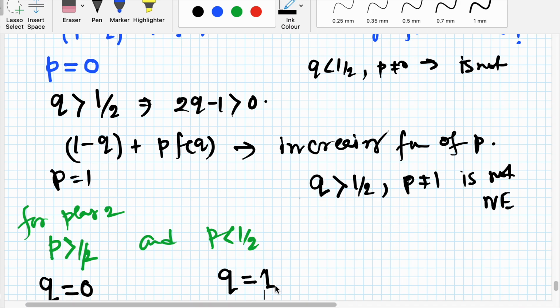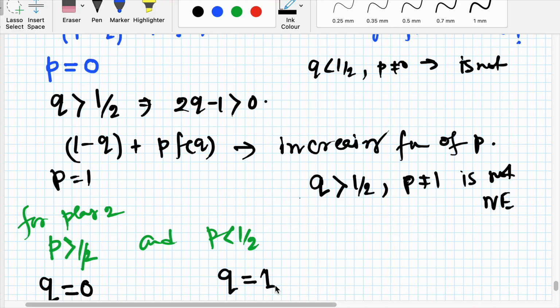So all the other strategies are not Nash equilibria, because in all of them either player 1 or player 2 has an incentive to deviate from that strategy.